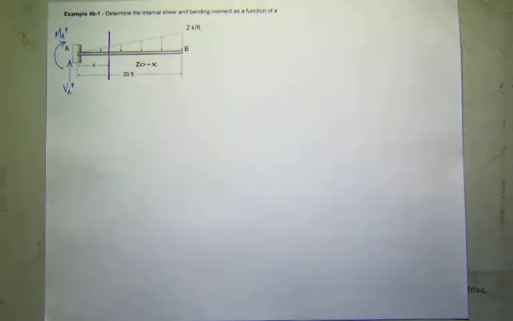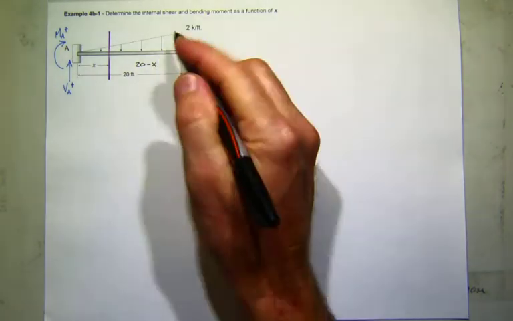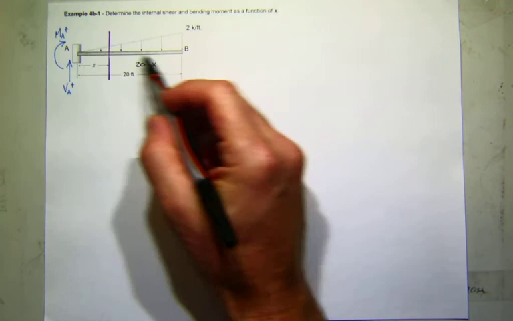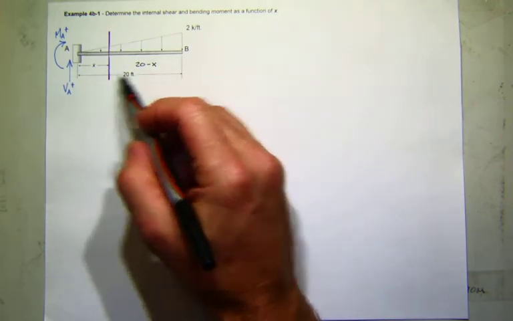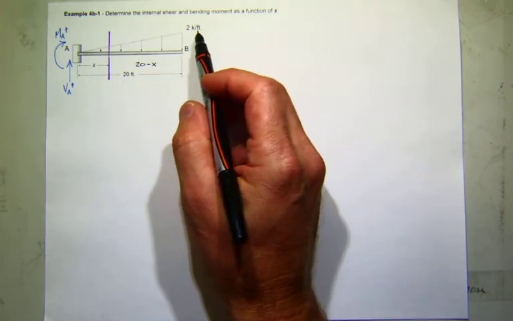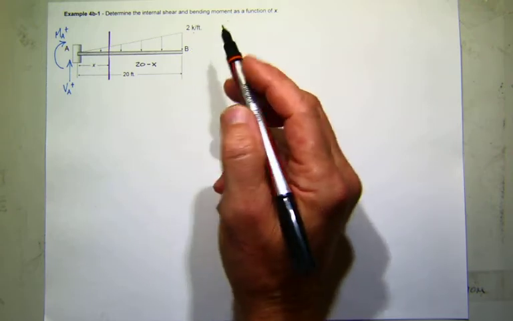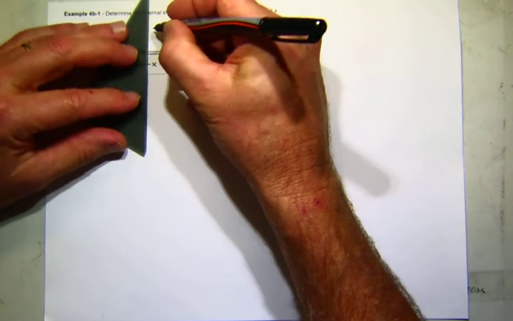So now I'm going to solve this entire free body. To do that, I'm going to need the concentrated equivalent of the distributed load to make it easier for me. It's a triangle, so it's going to be 1/2 base times height, which looks like it's going to be 20, right?